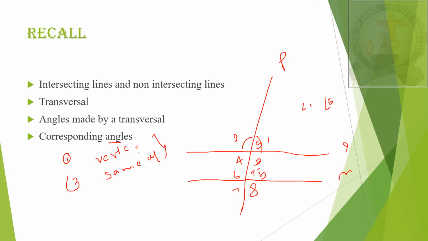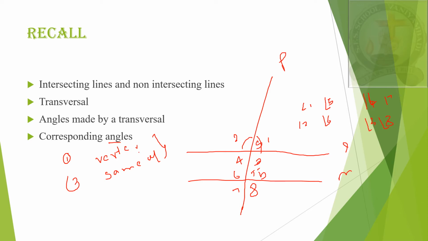If any angles satisfy these two conditions, those angles are called corresponding angles, children. Here we have 8 angles. Which are the corresponding angles? Angle 1 and angle 5 are corresponding angles, and angle 2 and angle 6 are corresponding angles.